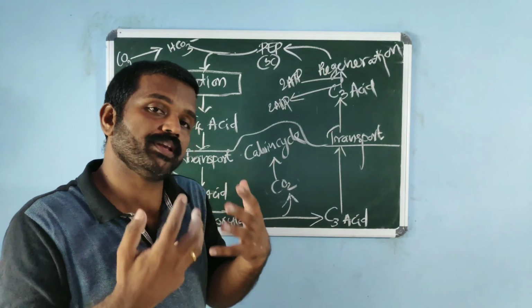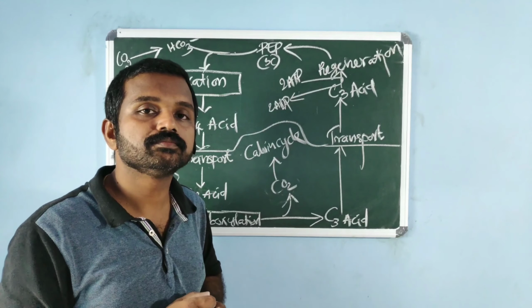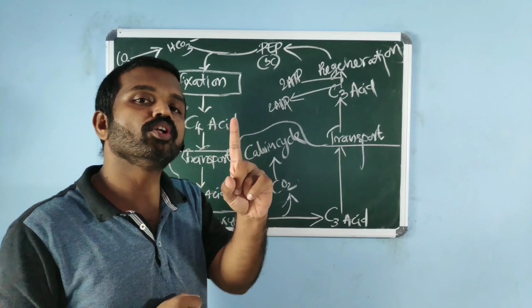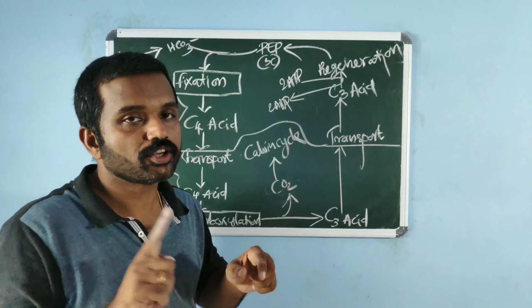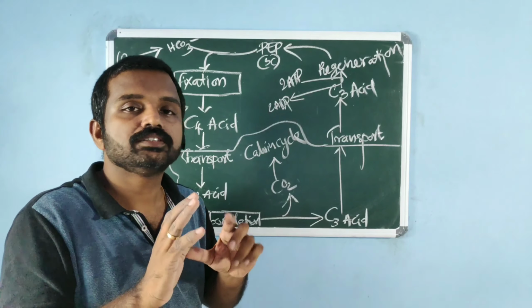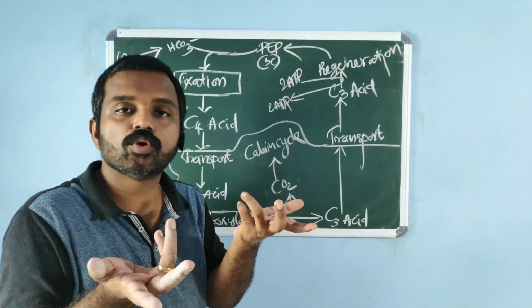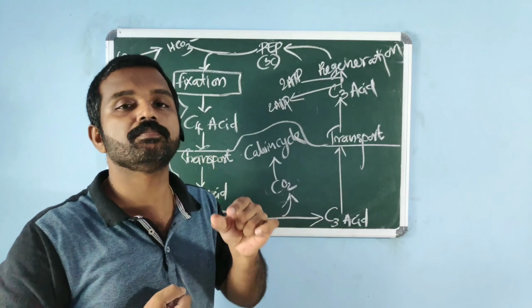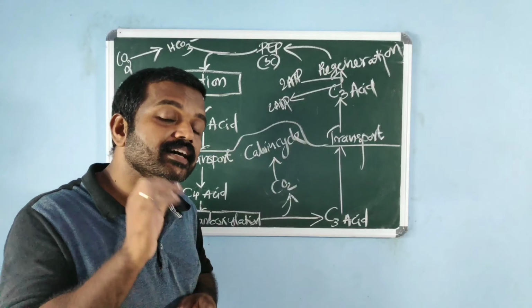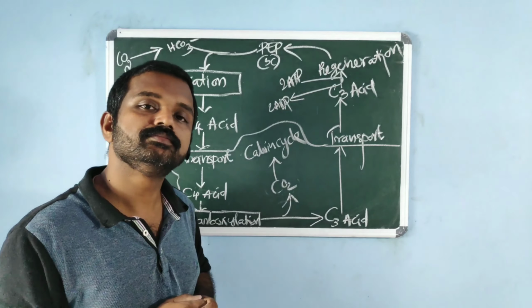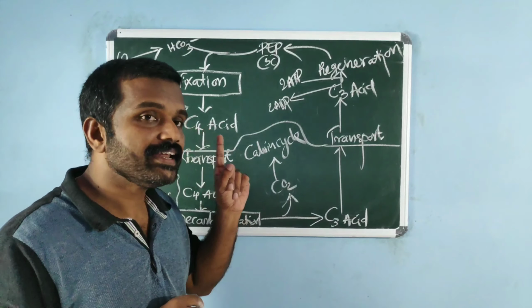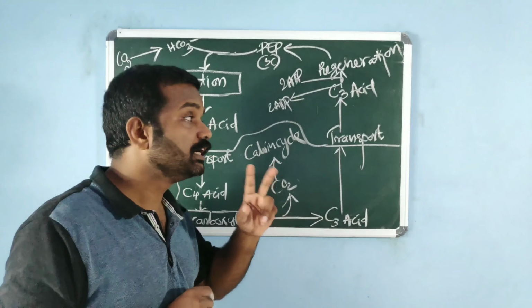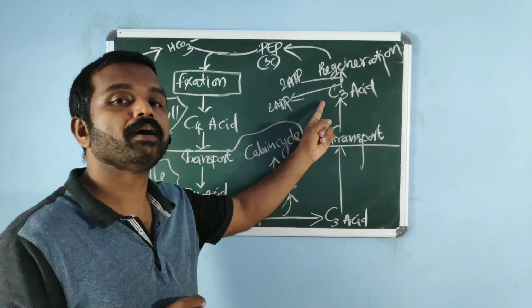How many ATP and how many NADPH would be required for the synthesis of 1 molecule of glucose in C4 plants, not in the C4 pathway? In the C4 pathway, there is no synthesis of glucose. In C4 plants, how many ATP and how many NADPH would be required? Total 30 ATP are required. How? 18 in the C3 pathway, 12 in the C4 pathway.